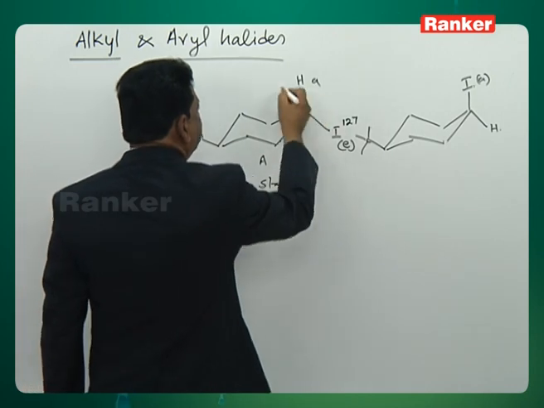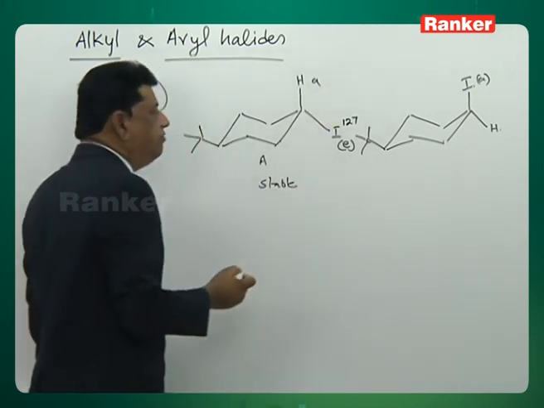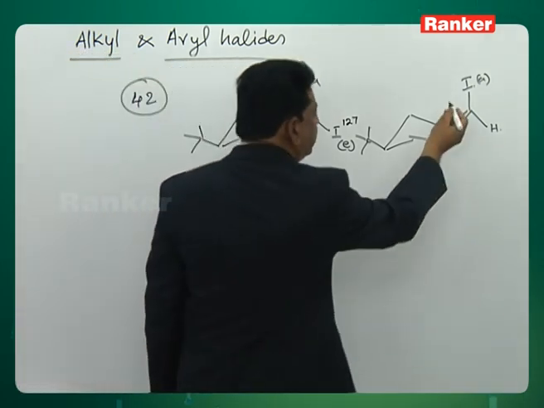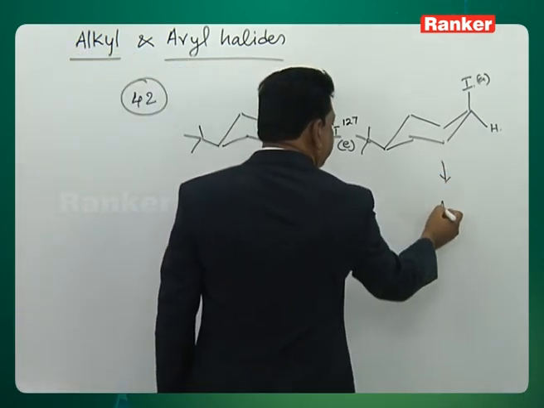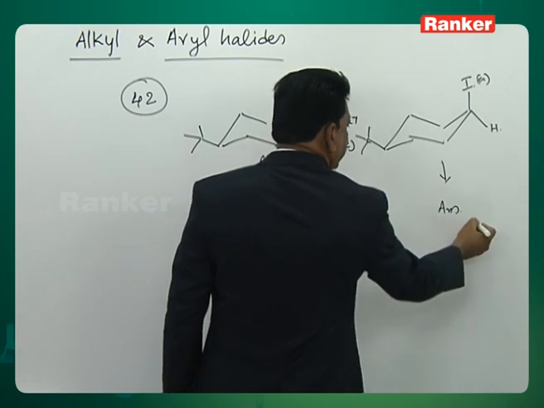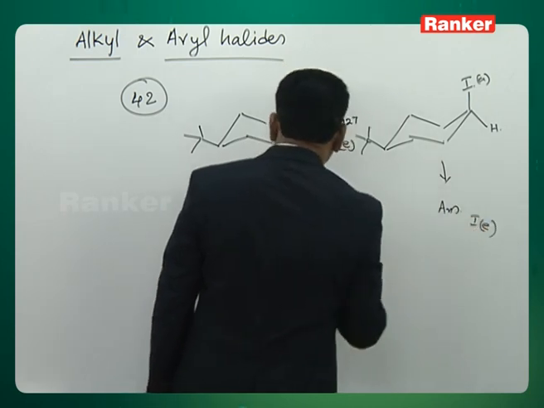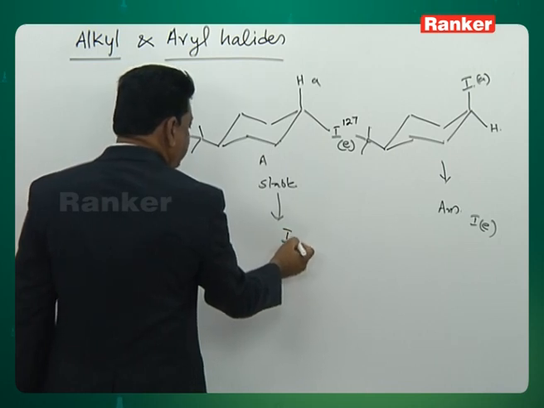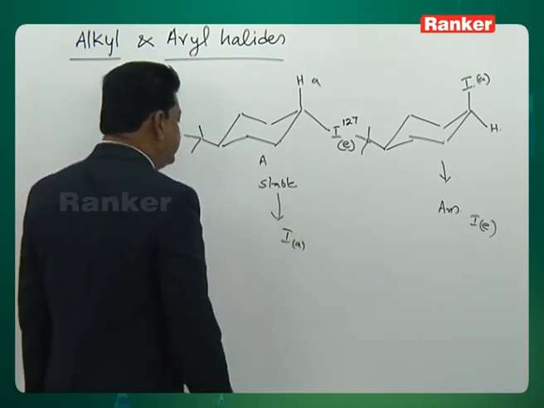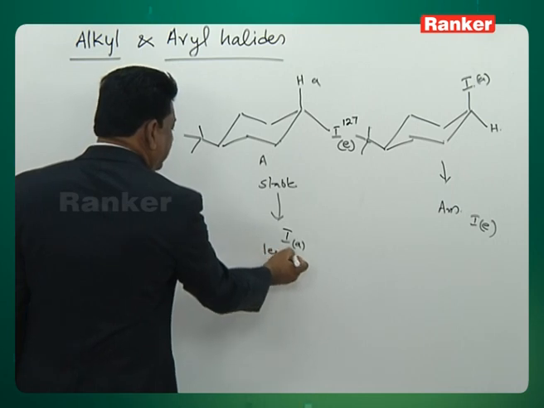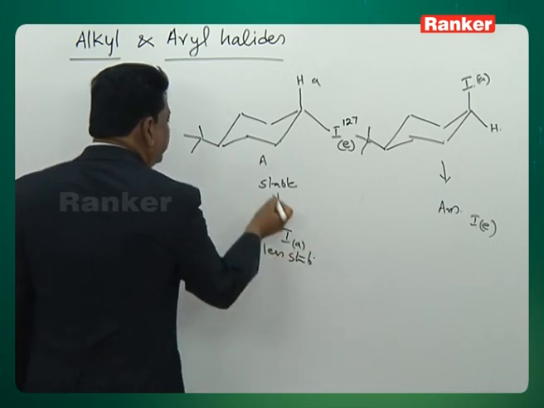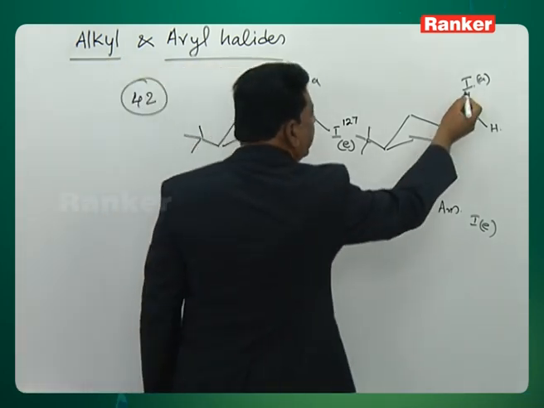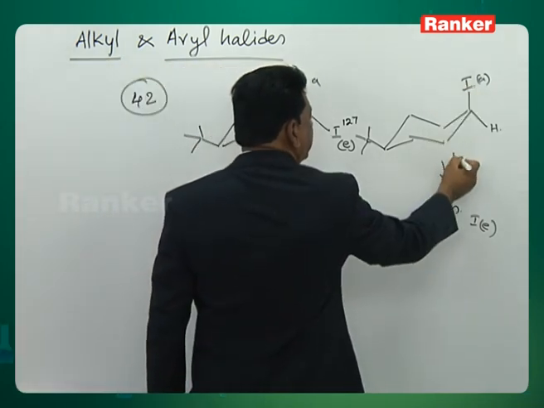When it is axial, the reaction will be faster there. In this reaction, the answer will have the iodine equatorial; in the other, the iodine comes into the axial, which is less stable, isn't it? Stable to unstable is not the favorable reaction.